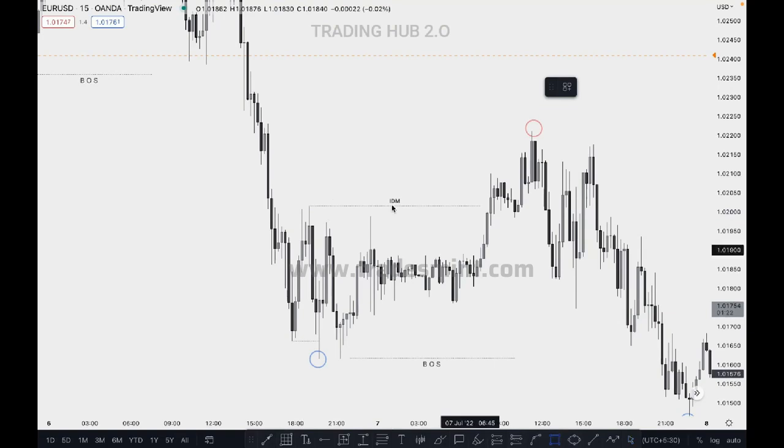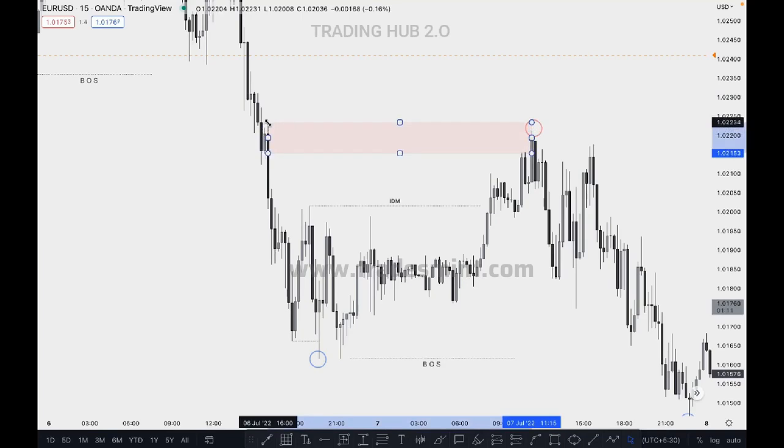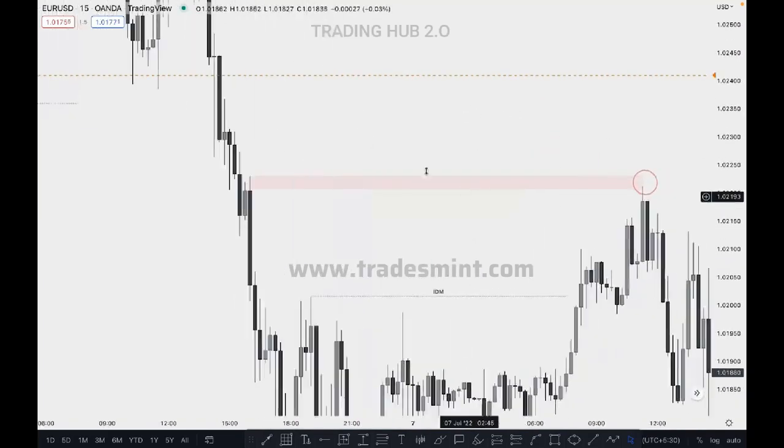Some people do the wrong thing here, they mark this as the order block like this, correct, but this is not the correct order block. The correct order block is here, the complete candle here. If you refine it, this is our actual order block, this is our actual supply zone. Why? Because this high has been taken out by this candle.